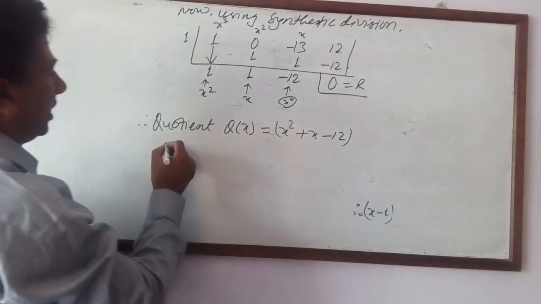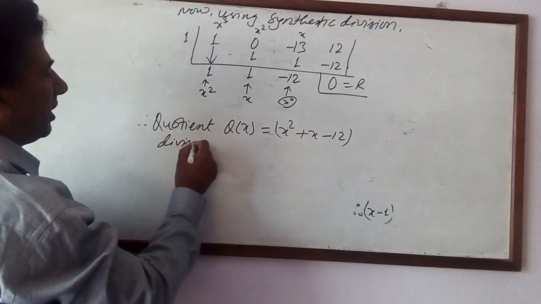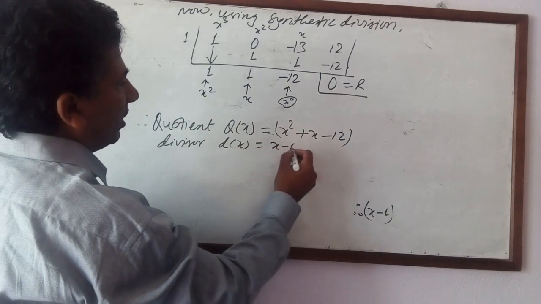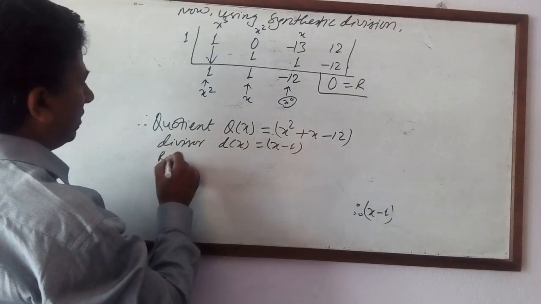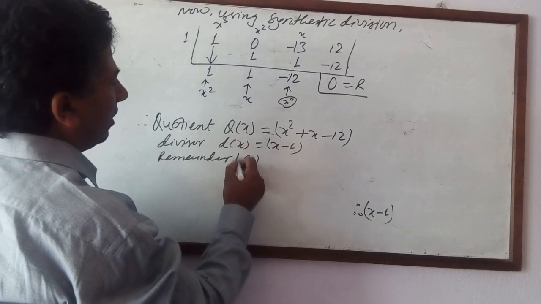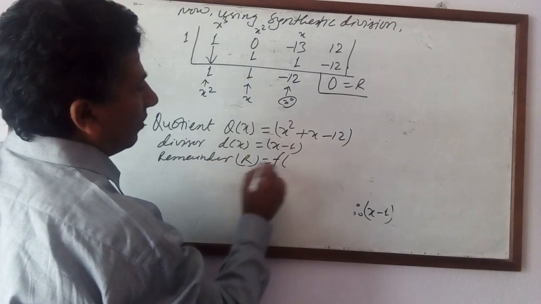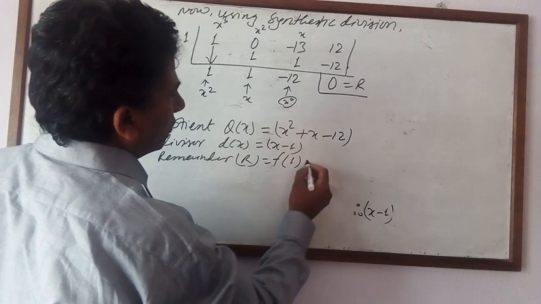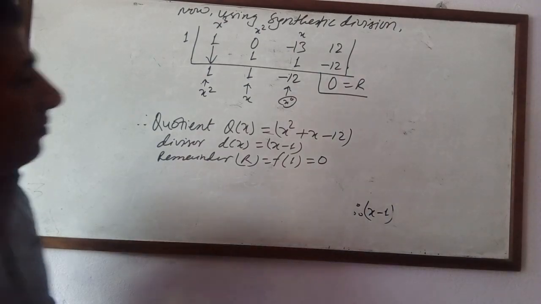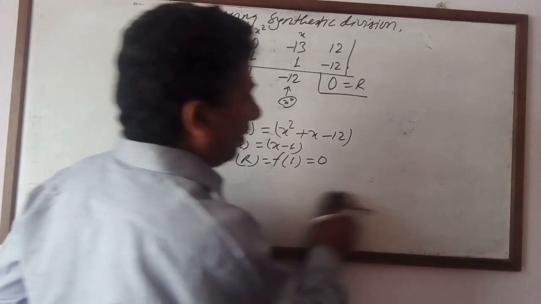Now we found this divisor. The divisor d(x) is x minus 1, and the remainder r, which is f(1), equals 0. Now after this we take the help of the division algorithm.